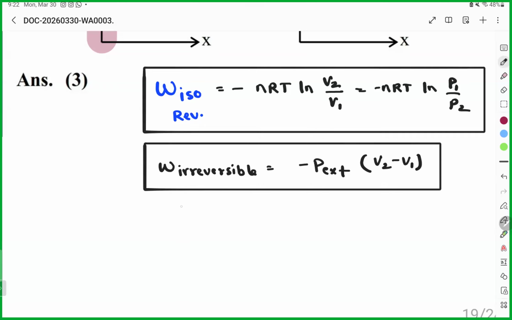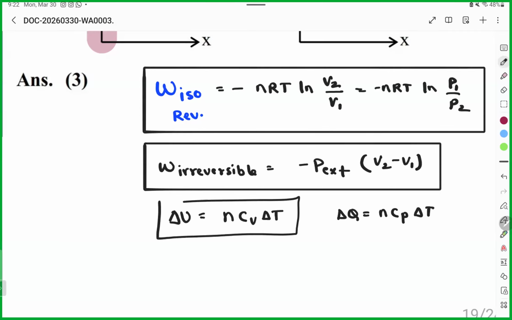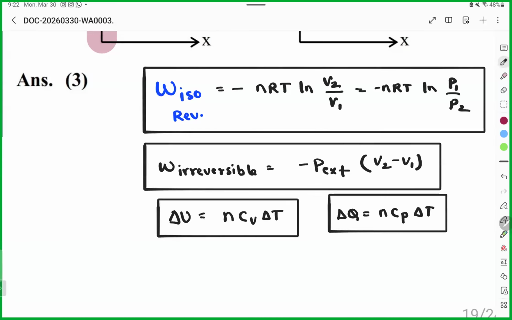Third, in case of change in internal energy, formula is nCv delta T. Done. If you knew this formula, there was a direct question. It was a straightforward question using this formula.